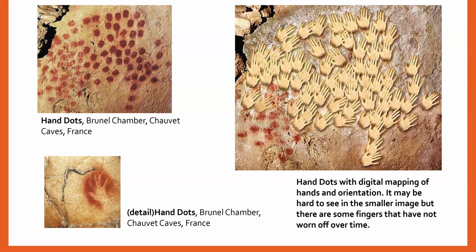Now, how did they make these? Well, using natural ochres, berries, these pigments that you can just find. It was usually mixed with a binder of some sort. If you know anything about pigments, they need a binder. In oil painting, that'd be linseed oil, or gum arabic for watercolors.